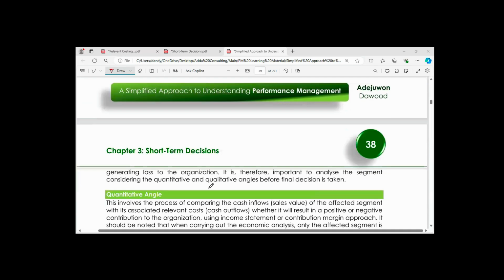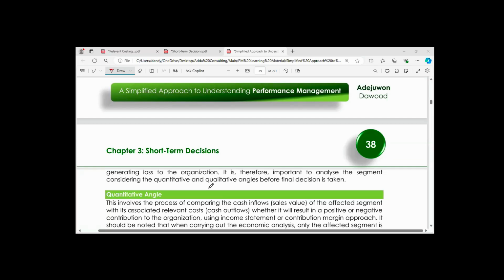The reason I'm emphasizing this is that on the day of your exam, you may not be given an income statement that will show profit or loss on that segment. So once you see from the requirement that the examiner is asking you to advise whether they should close down, drop the sale of, or delete a particular segment, you should know that this is deleting of a segment.